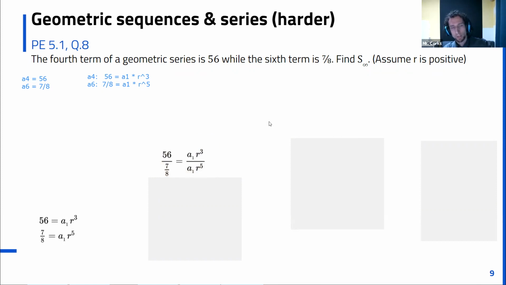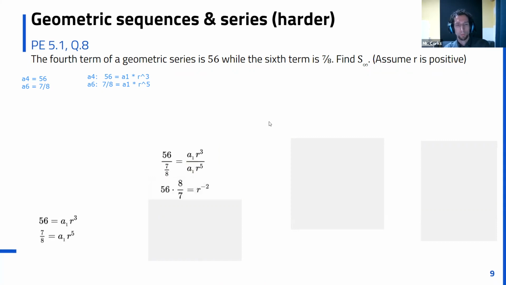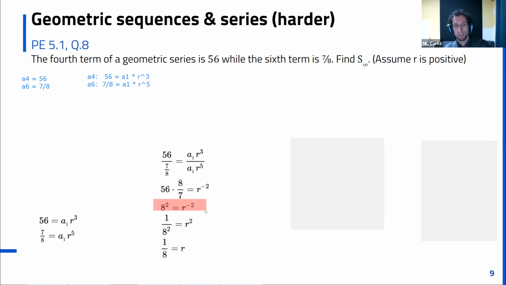If we do this and simplify, we get 56 times 8/7. The A1s disappear, R to the exponent -2. 56 is 7 times 8, and then dividing by 7, the 7s disappear.